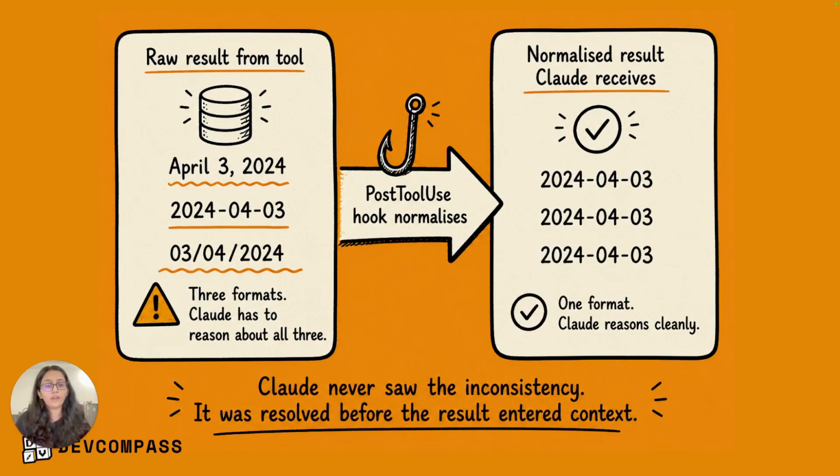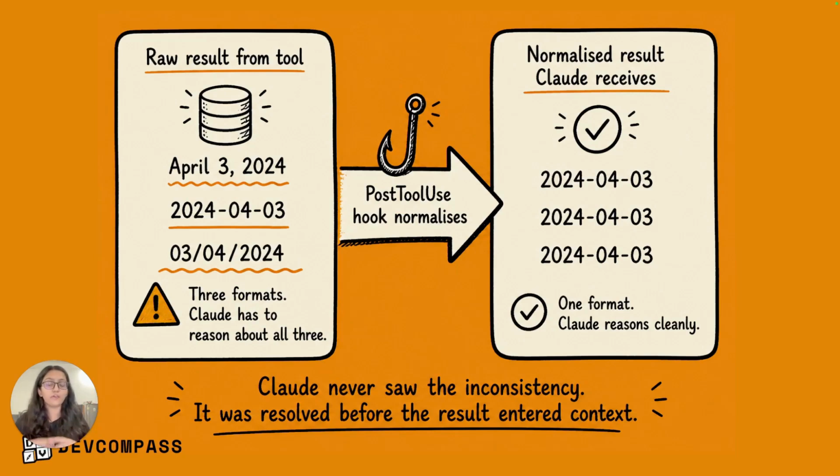Now, Claude has to reason about whether these are the same date, whether one order came before another, whether a return window has expired. That's work Claude is doing that has nothing to do with helping the customer. It's just normalizing inconsistent data, and it can lead to error if Claude misreads the format.